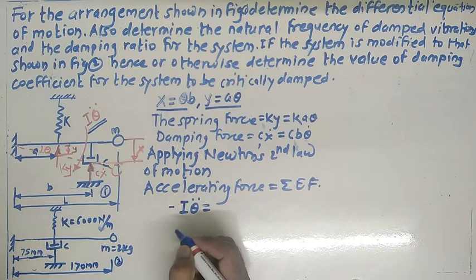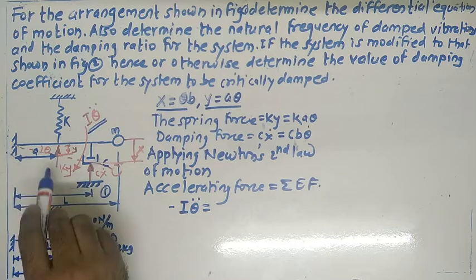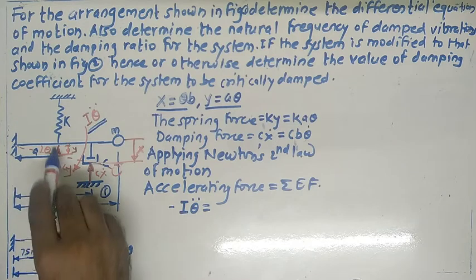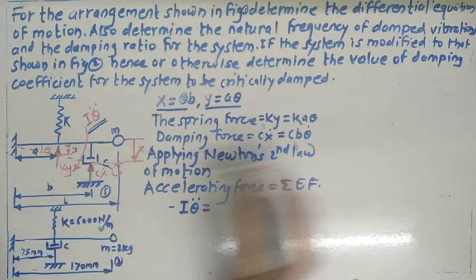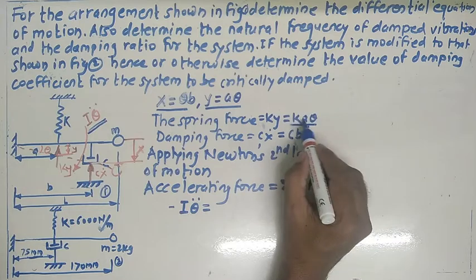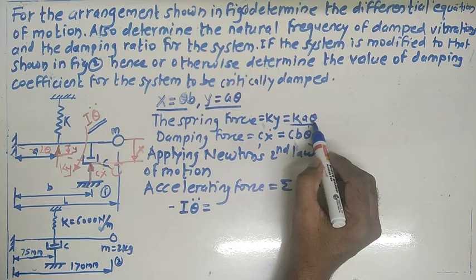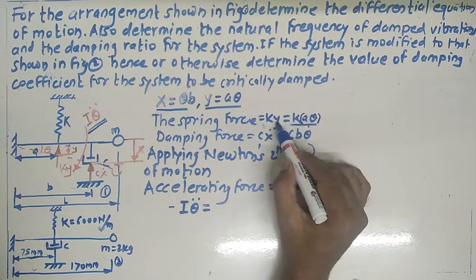Now focus on the spring force. k y is the spring force, and we already have k a multiplied by theta. Don't confuse it: this a theta term is the y term, so k y is the spring force.